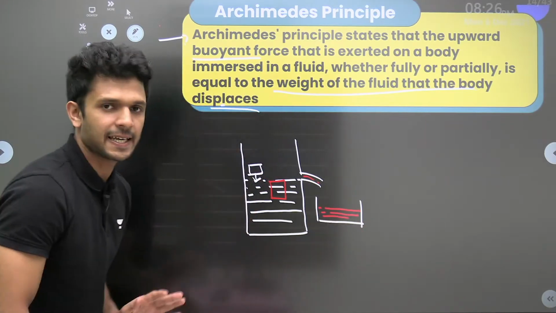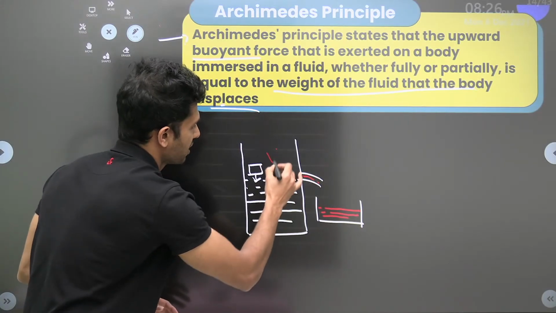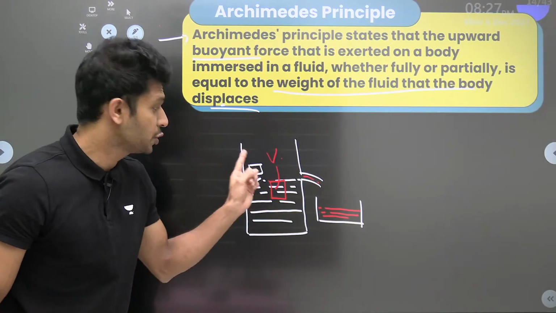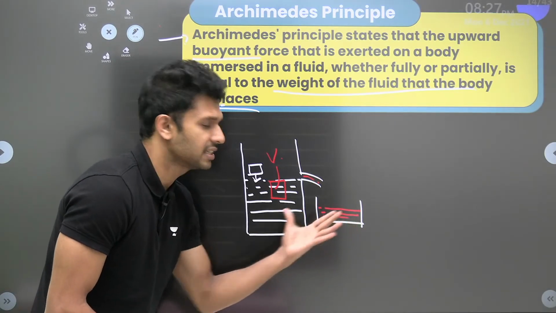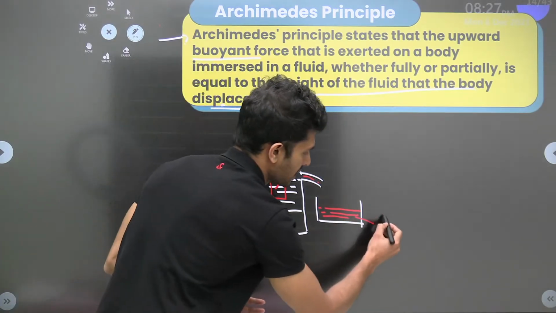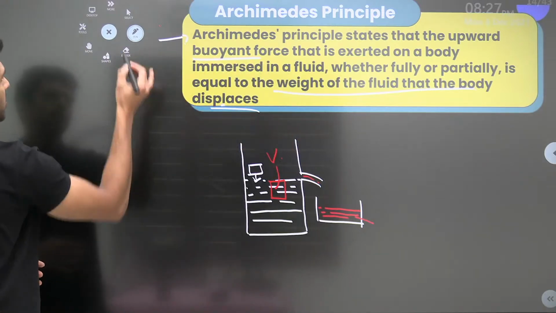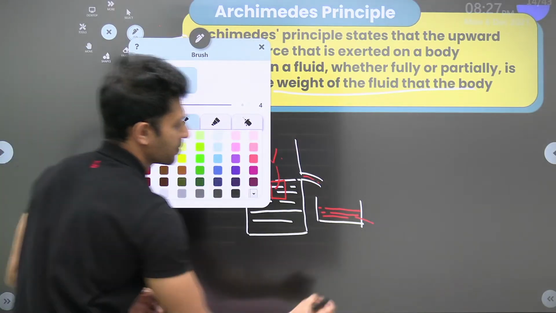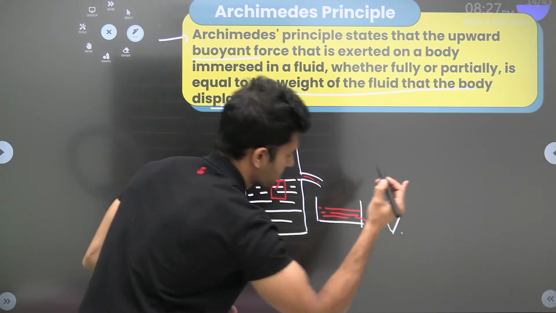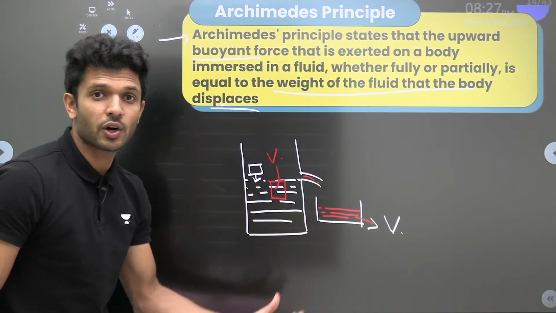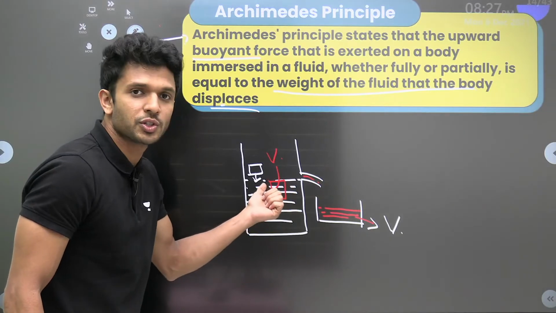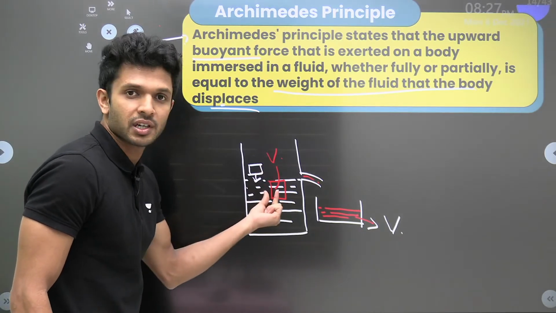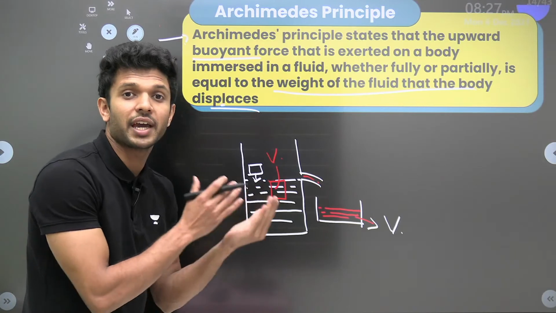Let's say this cube is having a volume of V. How much water will be collected in this small beaker? Tell me, how much volume will be collected in that small beaker? Isn't it the same as the volume? Because this particular cube is occupying a volume of V, which the water was actually occupying before.